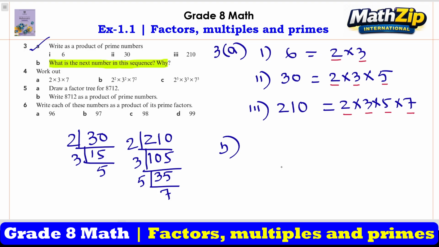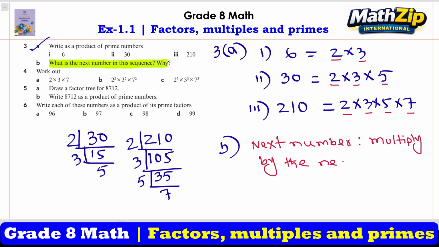So definitely the next prime number will be 11. That's why we can write: next number, multiply by the next prime number.